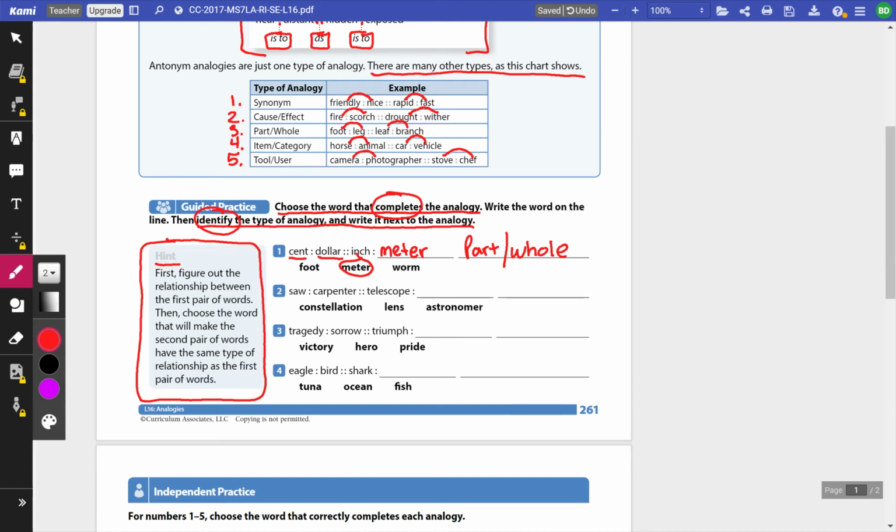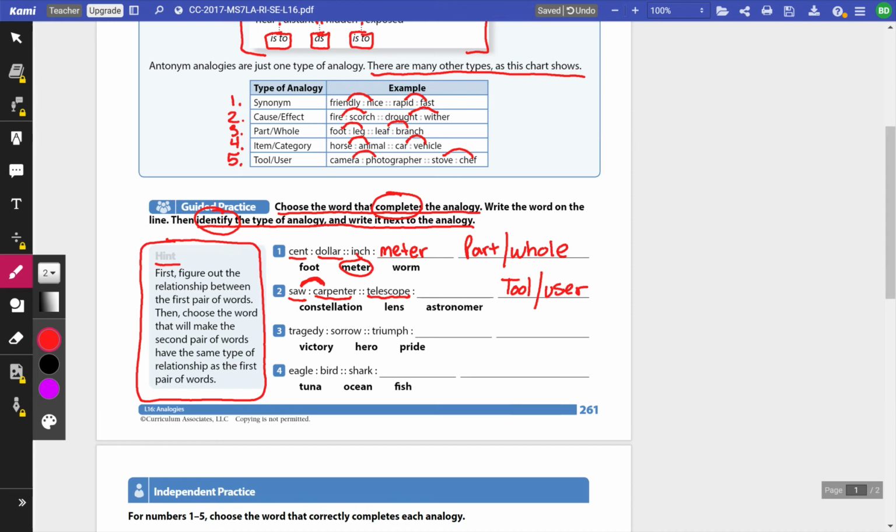So next we have saw is to carpenter, as telescope is to blank. So our relationship between the first two words, saw is to carpenter, lets us know that the relationship will be tool to user. We know that because a saw is a type of tool, and a carpenter is the person who uses the tool.